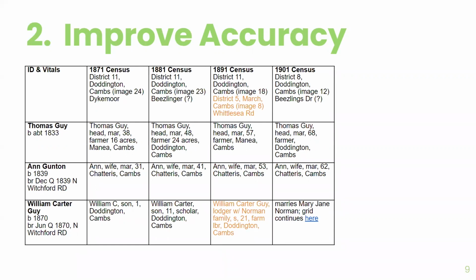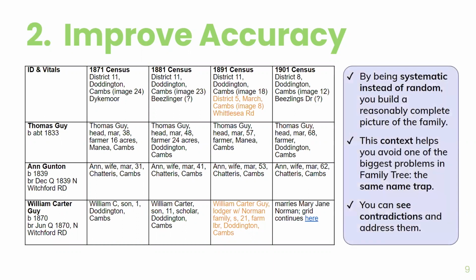Another thing that the timeline grid can do for you is improve accuracy. There are a lot of ways it does that, but I wanted to call out 3 specific things. As I've worked in Family Tree and before that, New Family Search, some of you may have used that prior to 2012, one of the biggest challenges that I see is that so often we take a random approach to our family history.